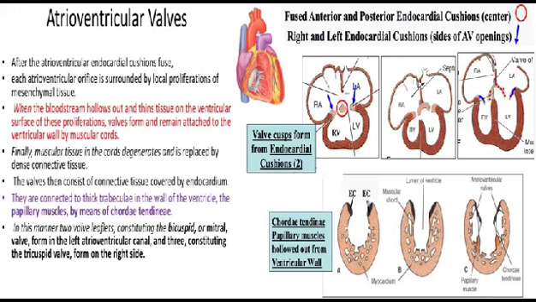Now coming to the formation of the atrioventricular valves. These atrioventricular valves are formed by the proliferation of the mesenchymal tissue around the right and left atrioventricular canals.